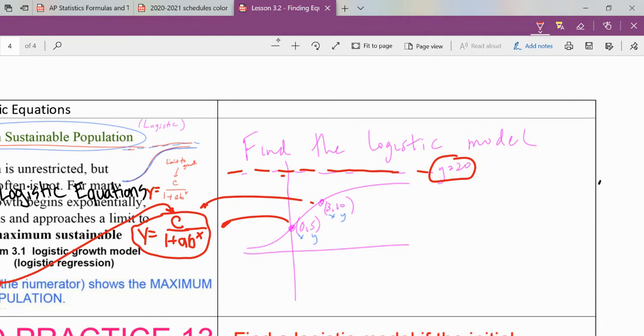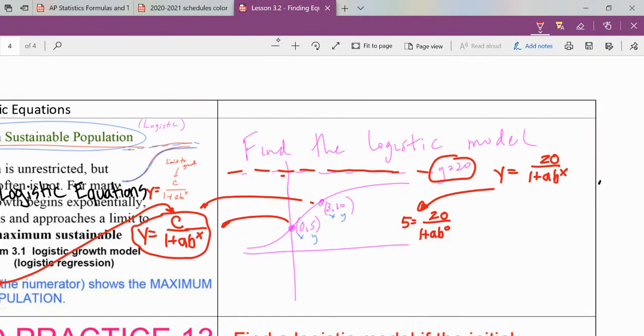So that's the easy thing to start off with: we just go y equals 20 on the top, and then it's 1 plus ab to the x. Now that I've got that, I can write two different equations using these coordinates. I'll take the first coordinate, 0, 5. So 5 is the y value, equals 20 over 1 plus ab to the 0, where the x value is 0.